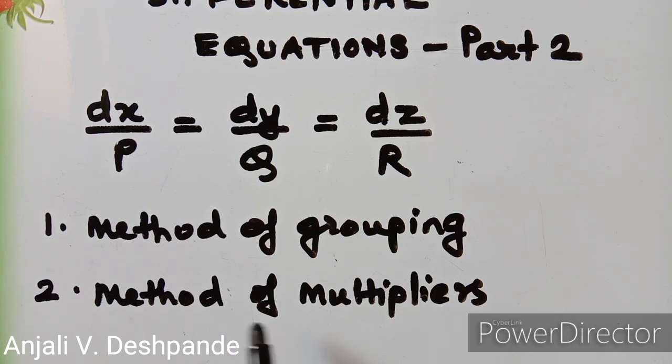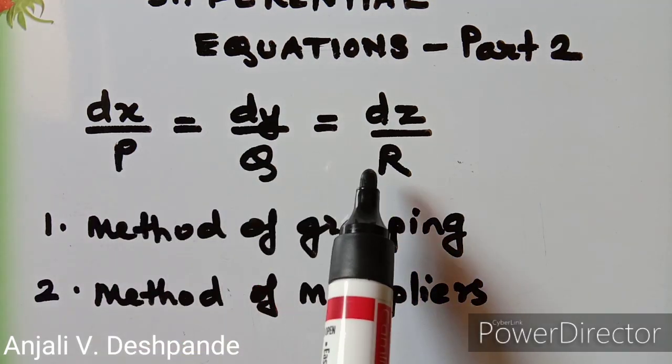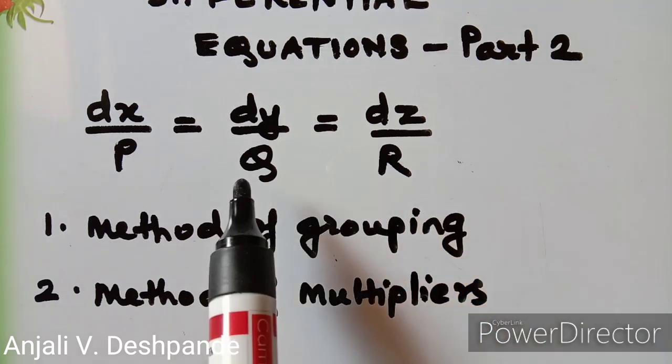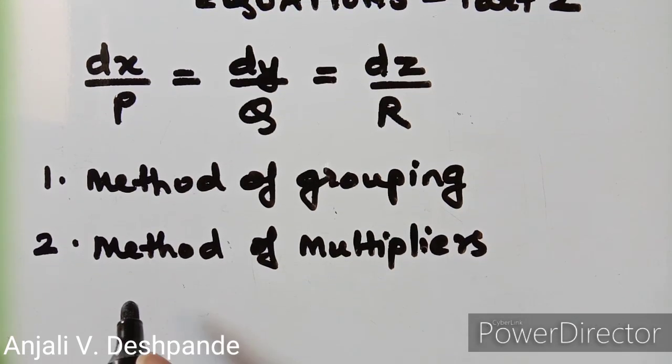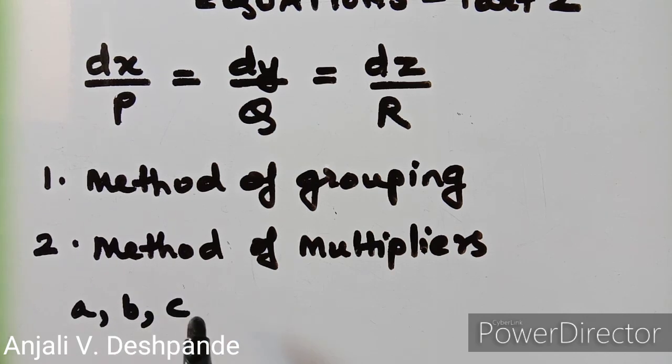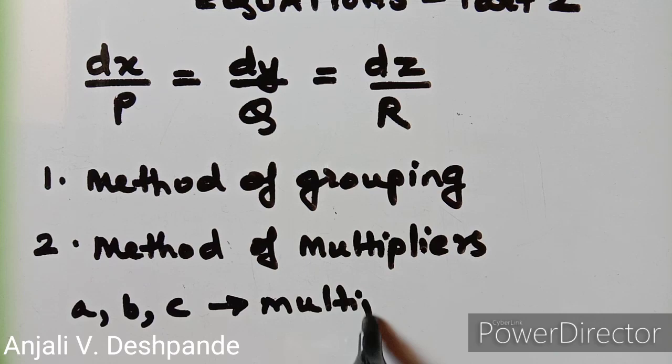In this method, what we have to do is multiply each fraction by a suitable multiplier such that the denominator becomes 0. So what is the meaning of this statement? Supposing, for example, a, b, c are the multipliers. Let us say that they are the multipliers.